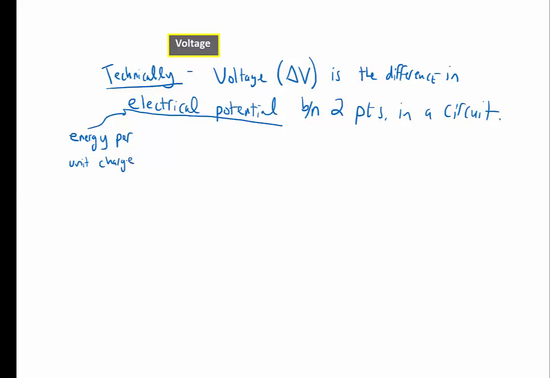When I say potential energy, each little part of charge has some amount of energy associated with it. Its electrical potential is not the electrical potential energy, it's the energy that each individual unit of charge possesses, or has stored. So that's what electrical potential is.